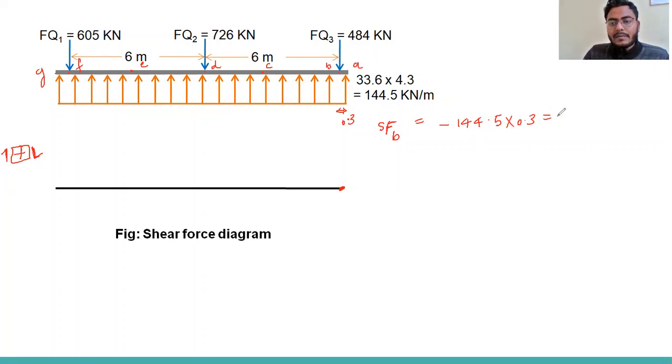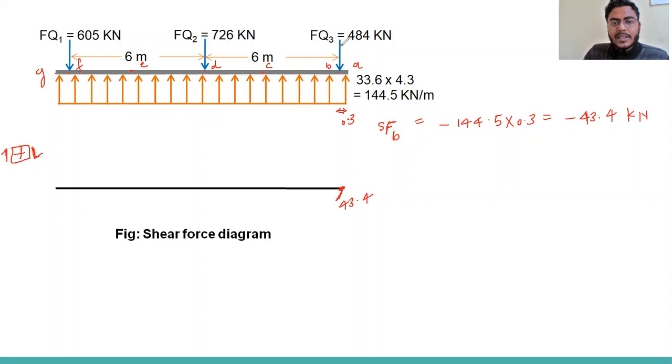So we get minus 43.4 kilonewton. I'm writing overall. This will be somewhere here, and this is UDL, so it will vary linearly, like this.